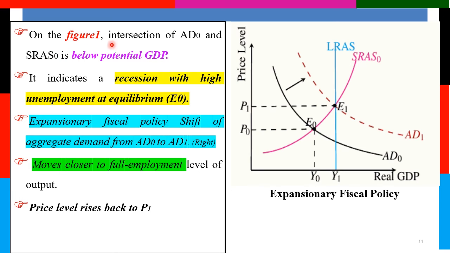In the intersection of the aggregate demand, this is DD naught, and the short-run aggregate supply curve, S naught, they intersect each other at point E. It indicates recession with high unemployment at equilibrium. This shows there is a recession or a decrease in demand at this point because the resource is underutilized.